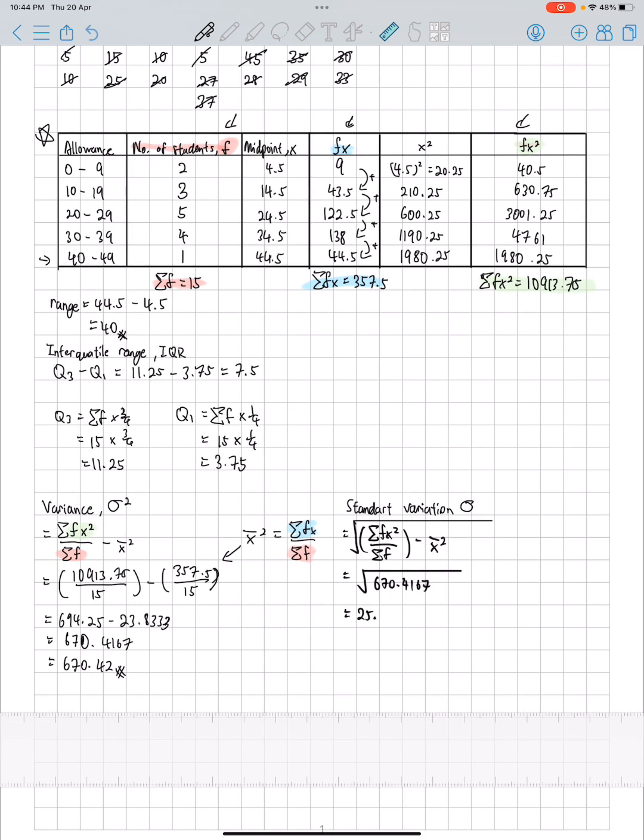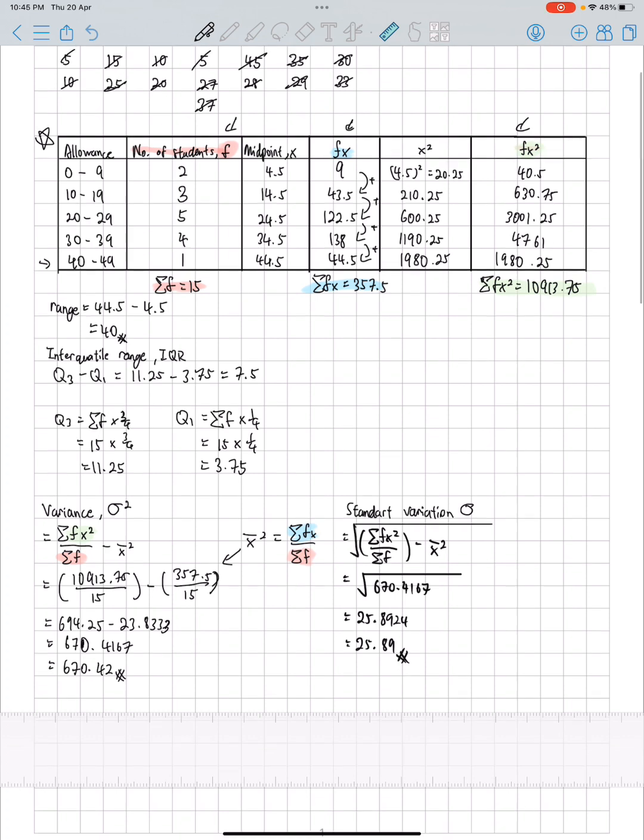So you square root it, and the answer will be 25.8924. So to 2 decimal places you will get 25.89. So that's all, right?